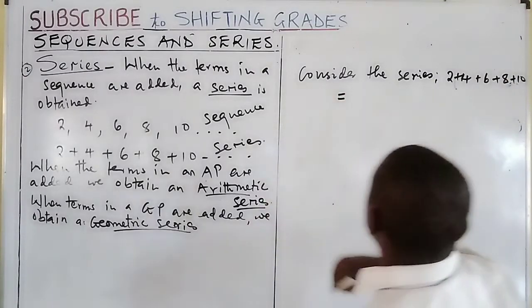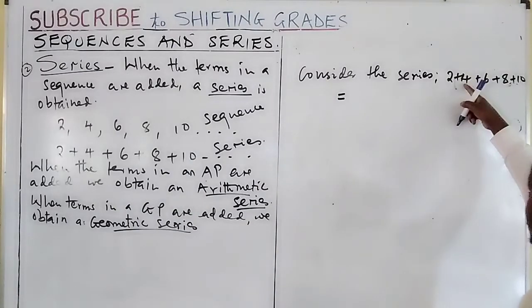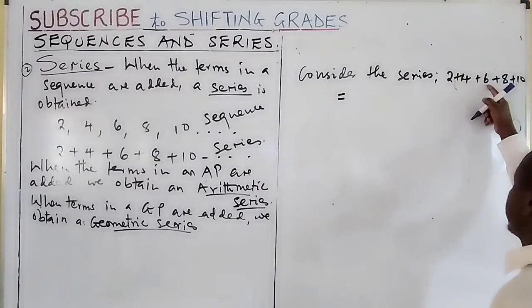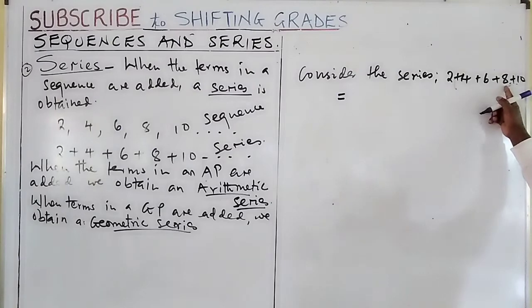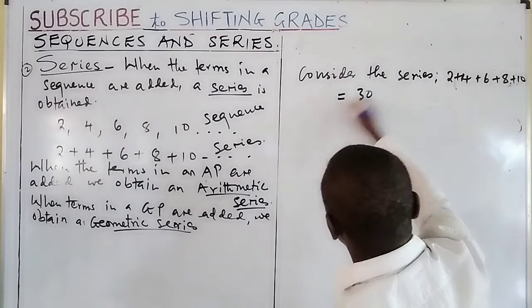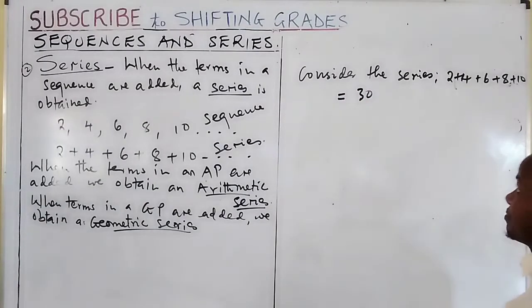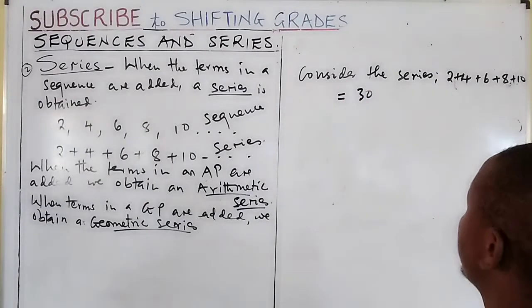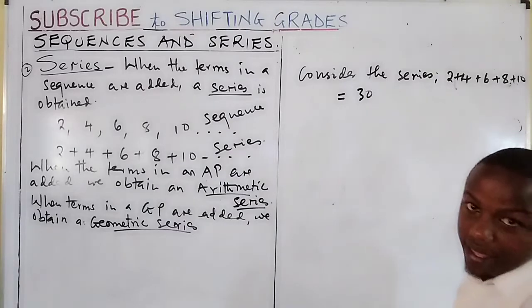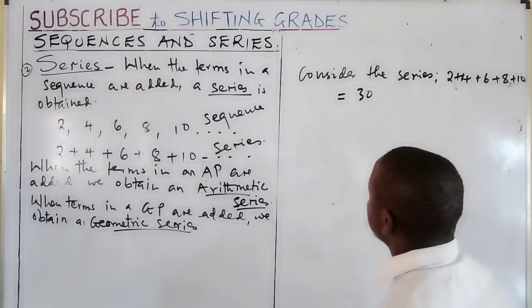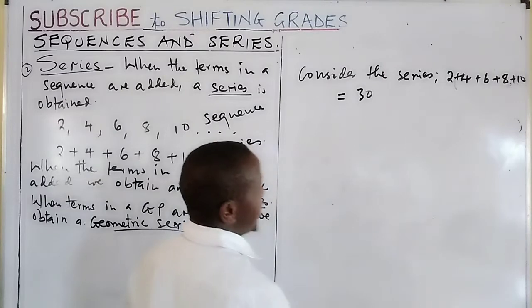When we add all this, we get 2 plus 4, 6, plus 6, 12, plus 8, 20, plus 10, 30. Therefore, when they are added, we get 30.